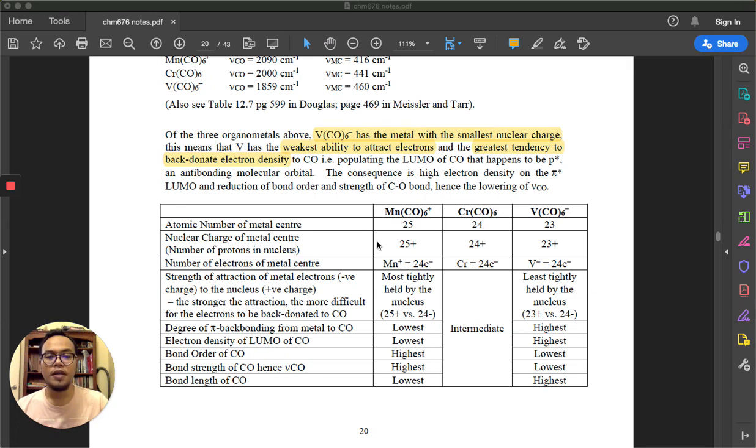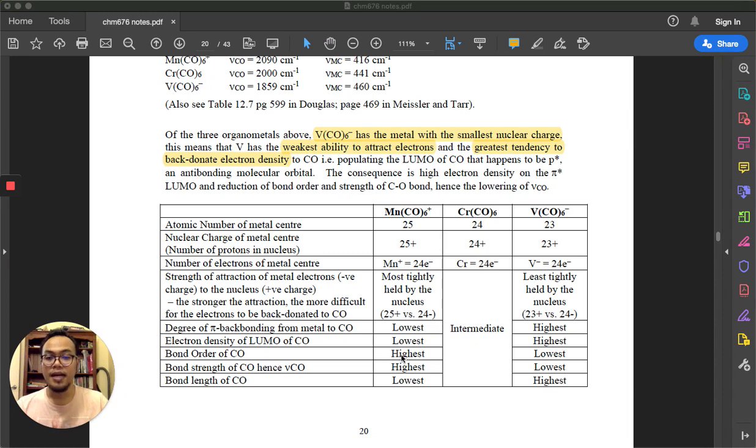So we compared the nuclear charge against the number of electrons in the given molecules, and we found that when the nuclear charge is greater than the number of electrons, the degree of pi bonding from metal to carbonyl will be lower, and electron density consequently will be lower because there are no electrons moving from metal to your LUMO. What happened to the bond order?